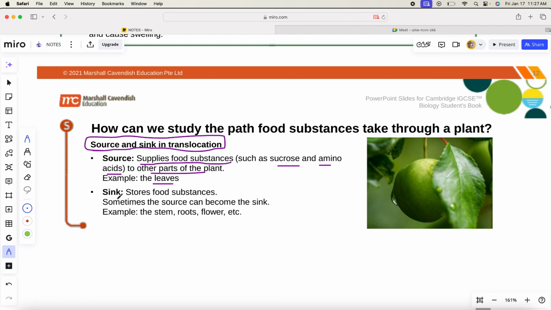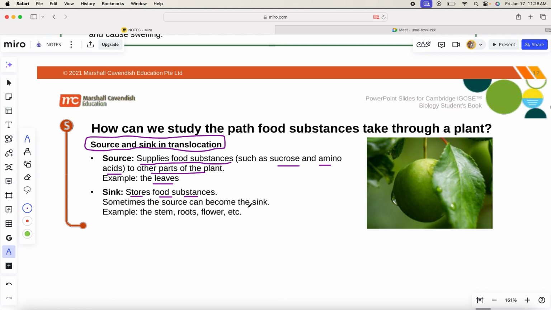Now, what is the sink? The sink stores food substances. Sometimes the source can become the sink, because sometimes the food can be stored, like vegetables. The vegetables are stored in the leaves, right? So that's what we mean by sometimes the source can become the sink.